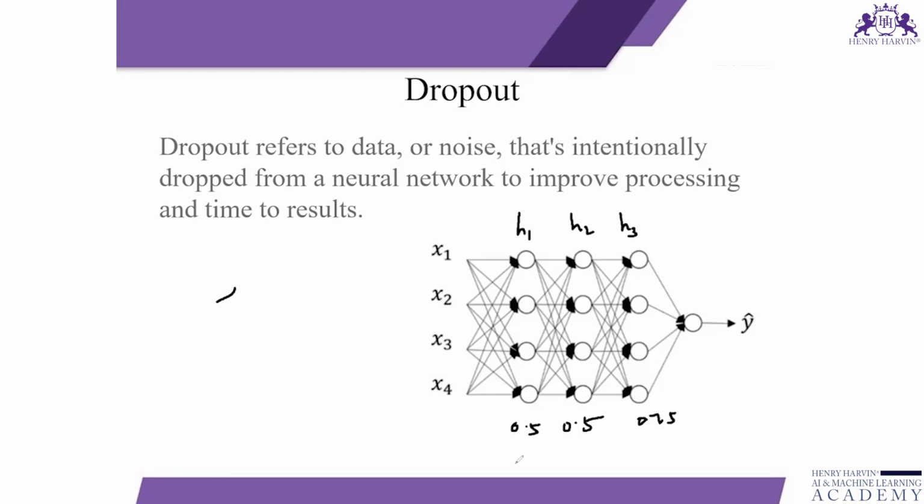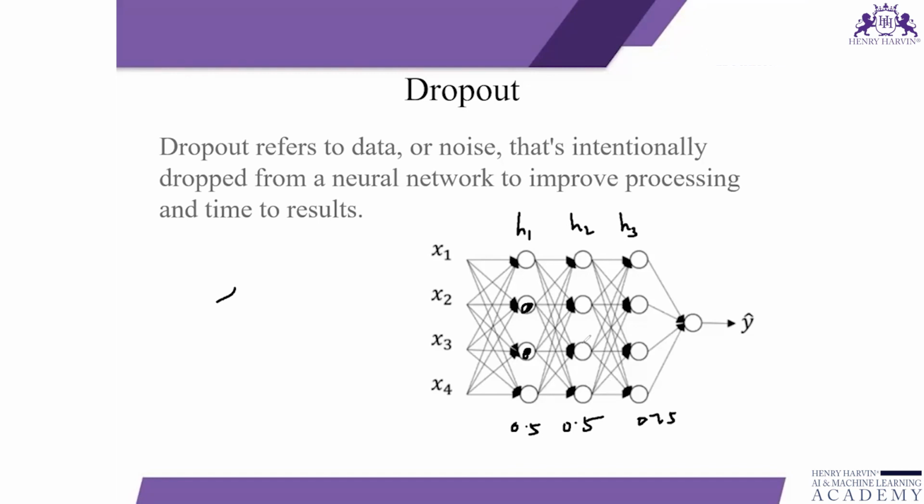Randomly, as if you toss a coin, some nodes are chosen, so these two may be open and these have been switched off, because the probability I have given is 0.5, 0.5, and 0.75.